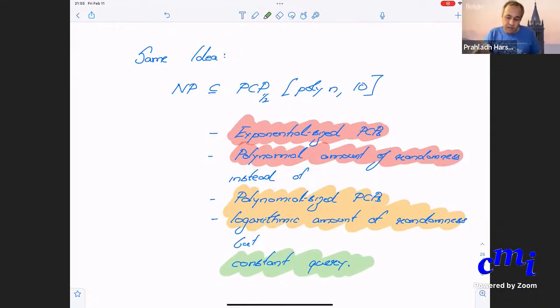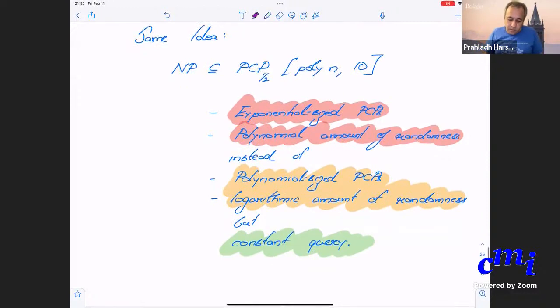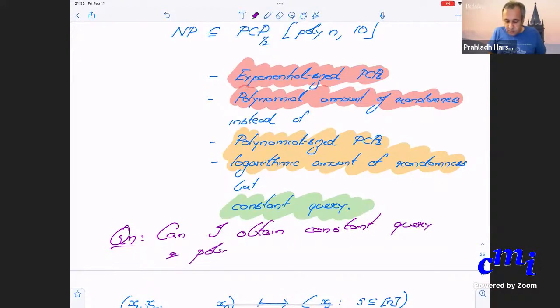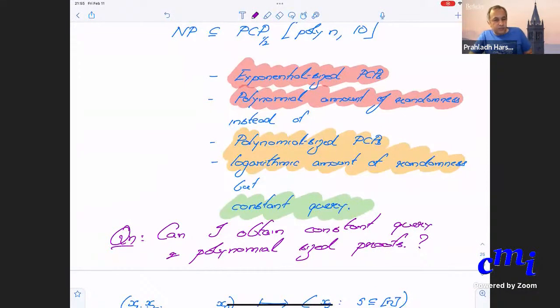Now you can ask, the question now to ask will be, can I obtain constant query and polynomial sized proofs?